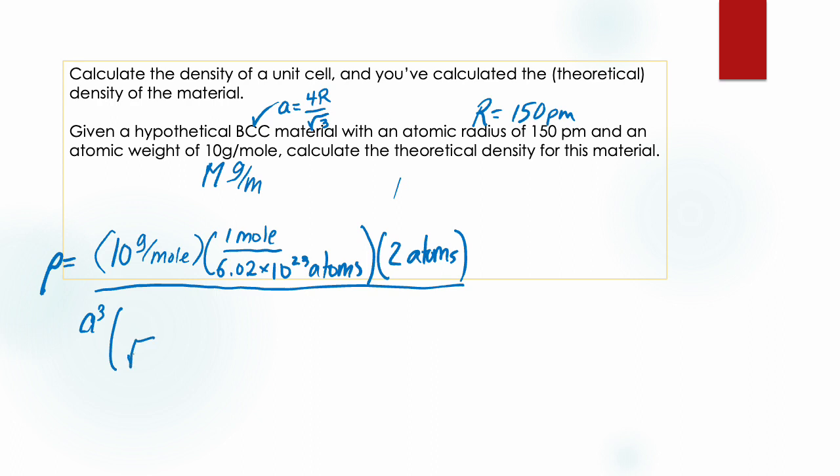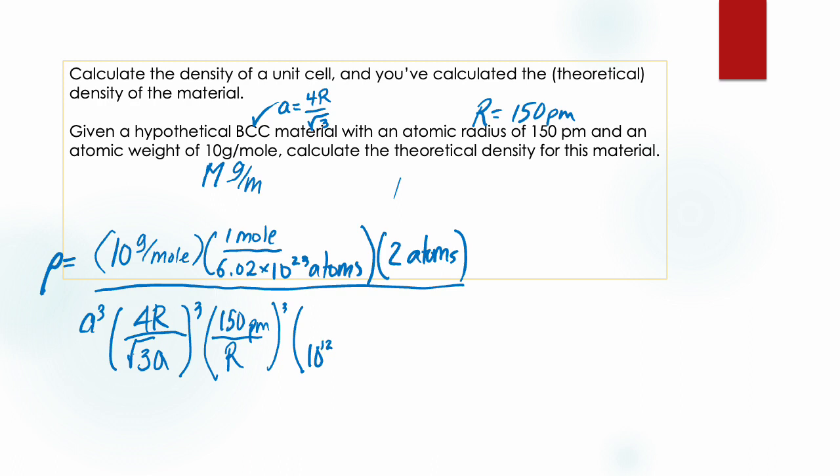We'll say root 3 a is equal to 4R, cubed. And then R is equal to 150 picometers cubed.